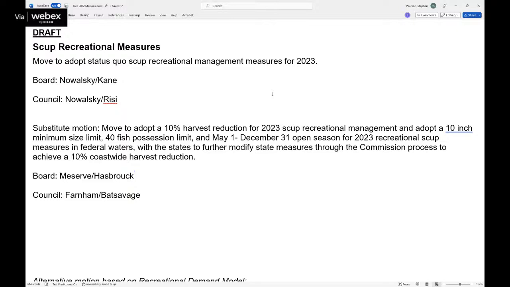It's a bigger question than I was going to comment on right now. But I just wanted to take a brief opportunity to speak to the motion. As I said, I think our hands are tied with a 10% reduction at this point, and I want to ensure that there is some equity in the way that is addressed among the states and the regions.